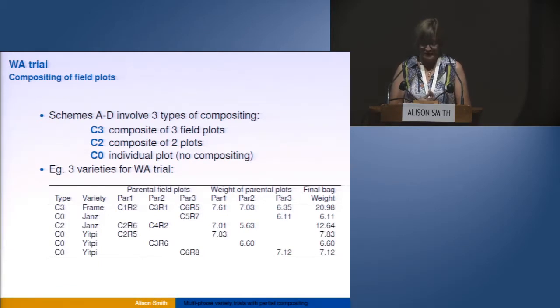So the plot in column 5, row 7, which weighed 6.1 kilos, is going to be tested as its own, as a single entity, whereas the other 2 plots for that variety, in column 2, row 6, column 4, row 2, they're going to get composited together. So it has 2 samples going through for testing. One's a composite of 2 plots and one is an individual plot sample. The variety Yitpi is going to be tested with 3 samples, each of those corresponding to the individual field plot from the trial.